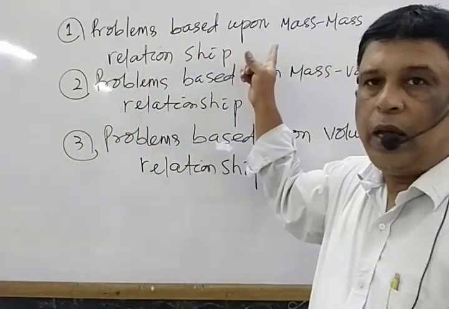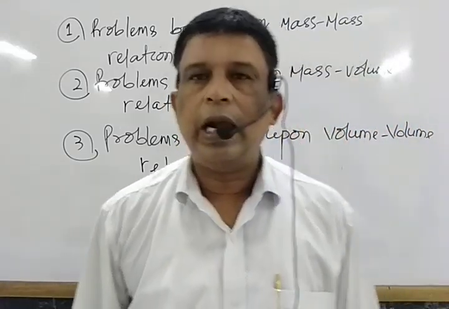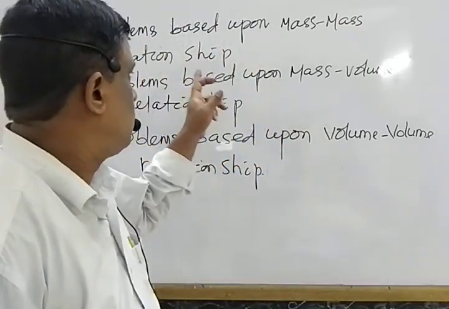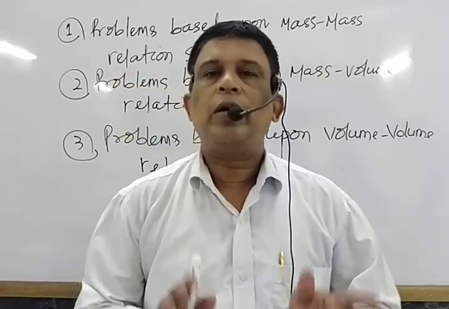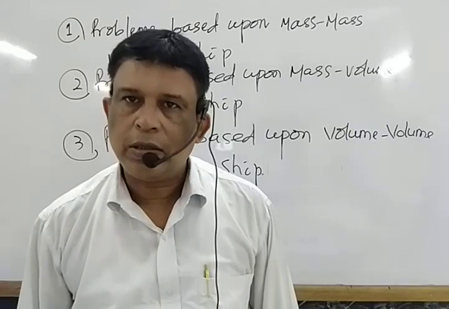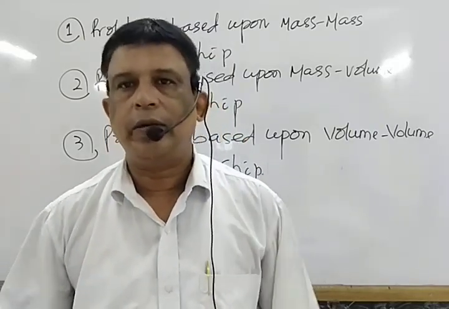Normally, we cover three types of problems. One is problems based upon mass relationship. Under this heading, we have to calculate the mass of one of the reactants and a product simultaneously, if the mass of one of the reactants or products is given.